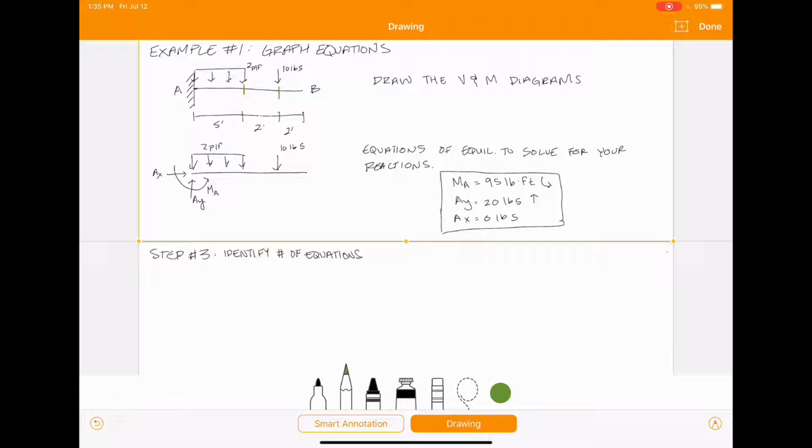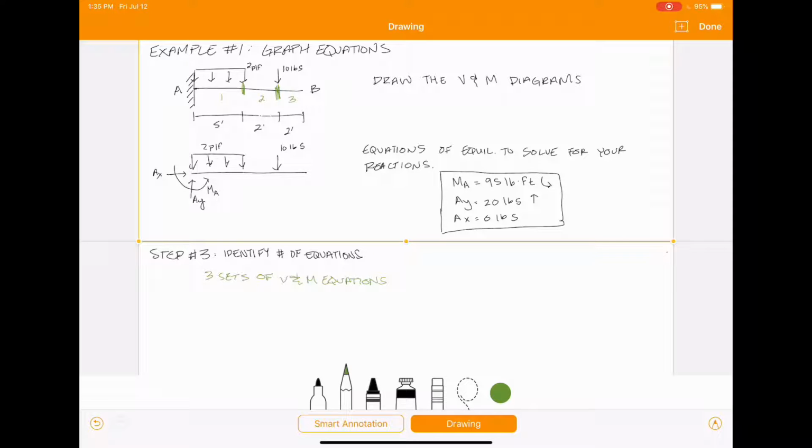So the beam is split up into 1, 2, 3 different sections, so there's going to be 3 different sets of shear and moment equations. Again, anywhere where the loading changes, your equations for shear and moment are going to change.